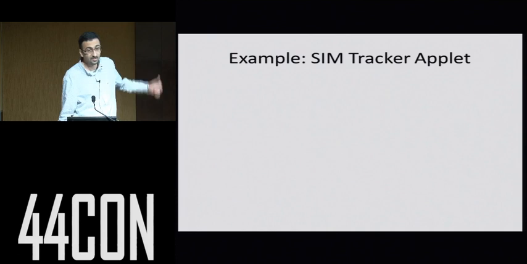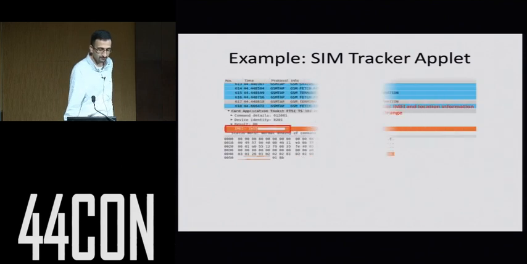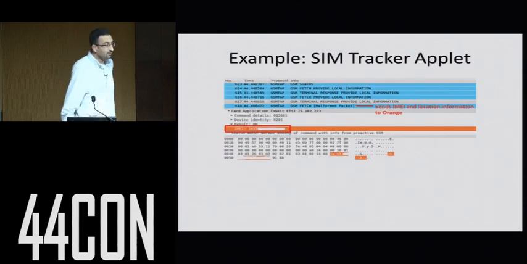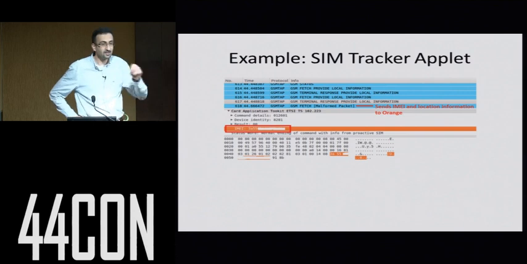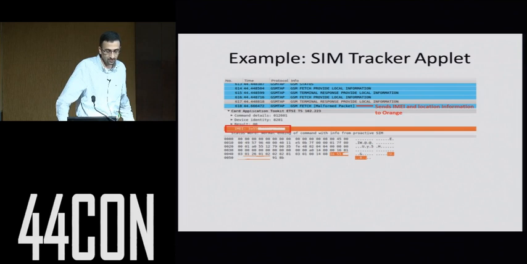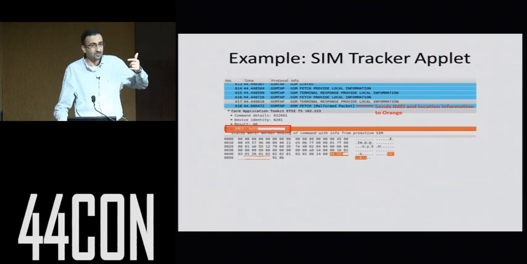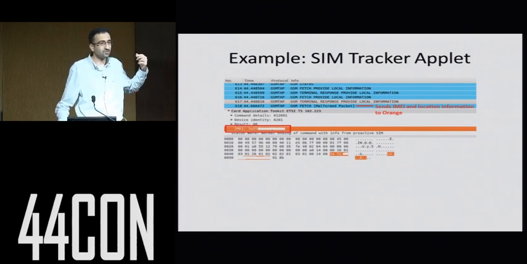One of these, especially on the Orange SIM cards, is the SIM tracker applet. The idea of this applet is that whenever you change your handset, insert your SIM card in a new handset which has a different identification number, IMEI number, the applet captures that number with the cell and location information of your phone and sends it back to Orange without your knowledge.